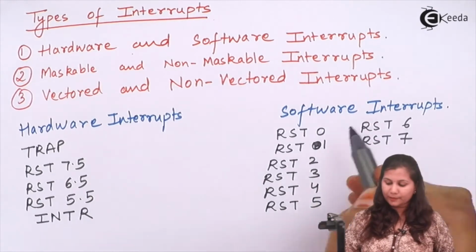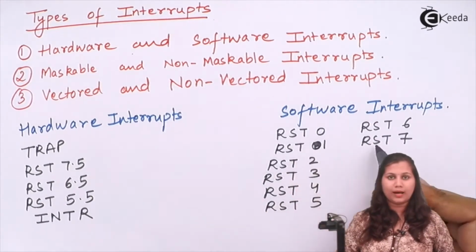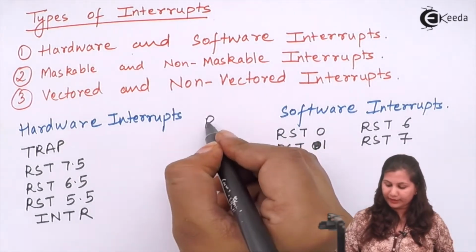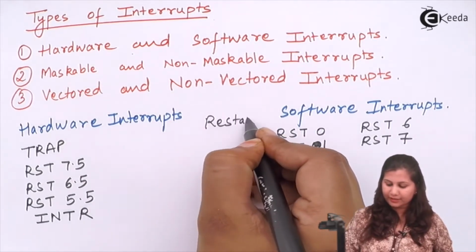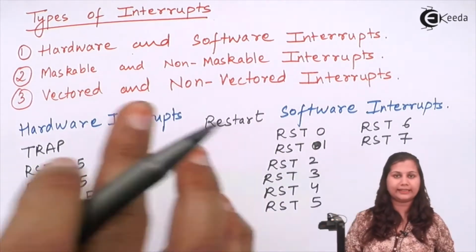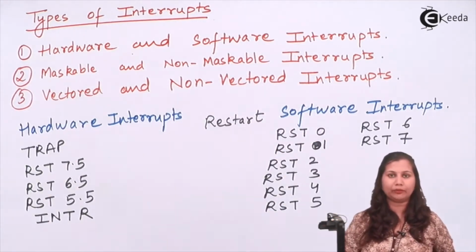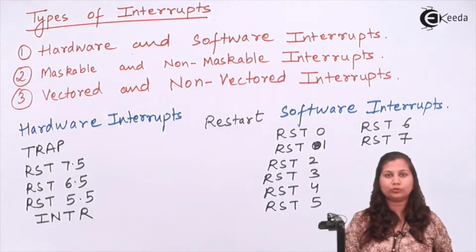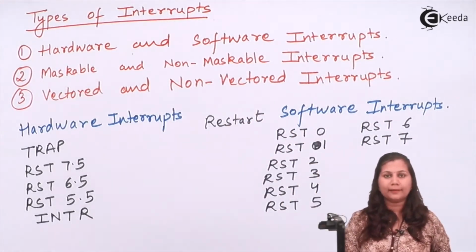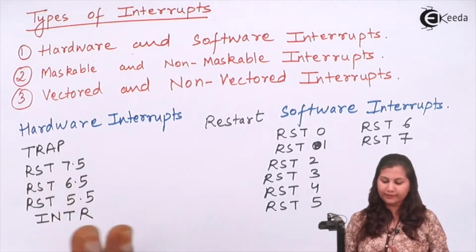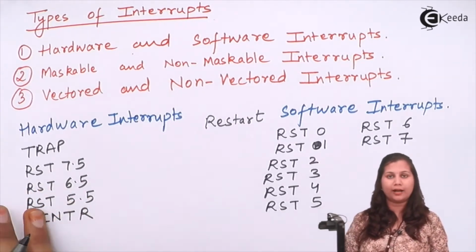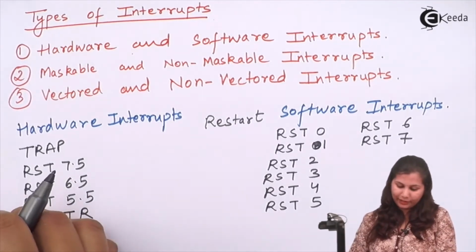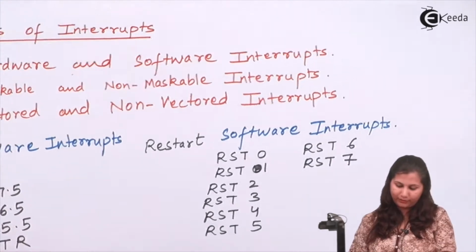RST is for restart. These restart instructions are directly written in the main program, and the interrupts are provided directly through these instructions to the processor. So this is the first classification, hardware and software interrupts. Second classification was maskable and non-maskable.